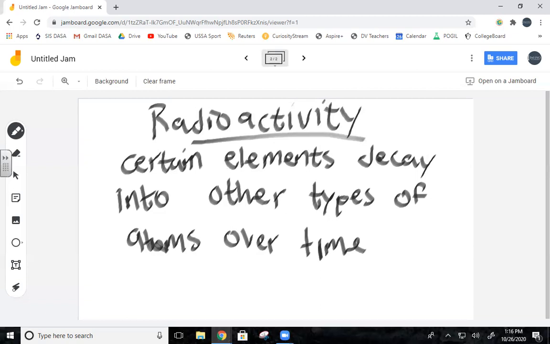Okay. So certain elements decay into other types of atoms over time.